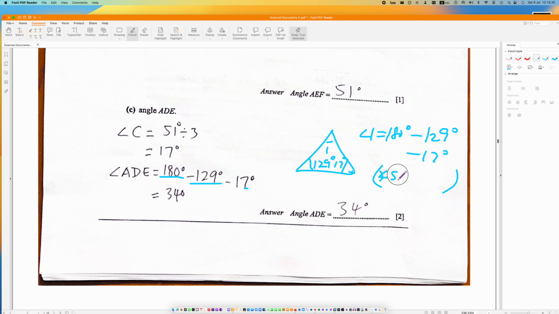Because a triangle. Angle sum of a triangle. That's the reason. Okay? So you need to know the reason. Good. Like I say, your answer might not have a problem, but you need to know the reason. If you don't have the reason, you get penalized.